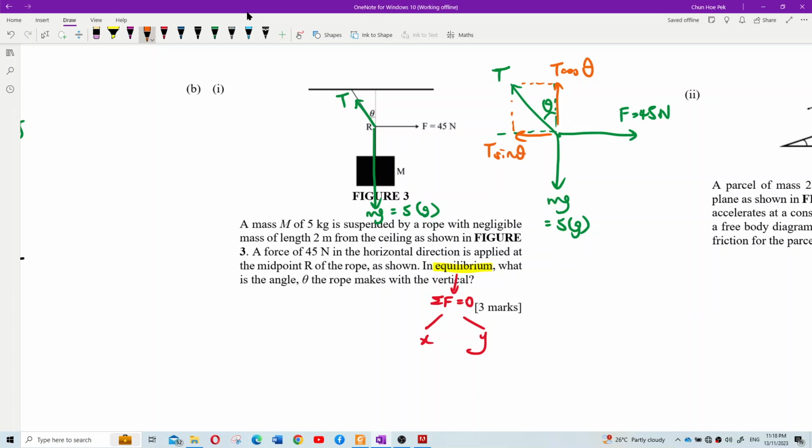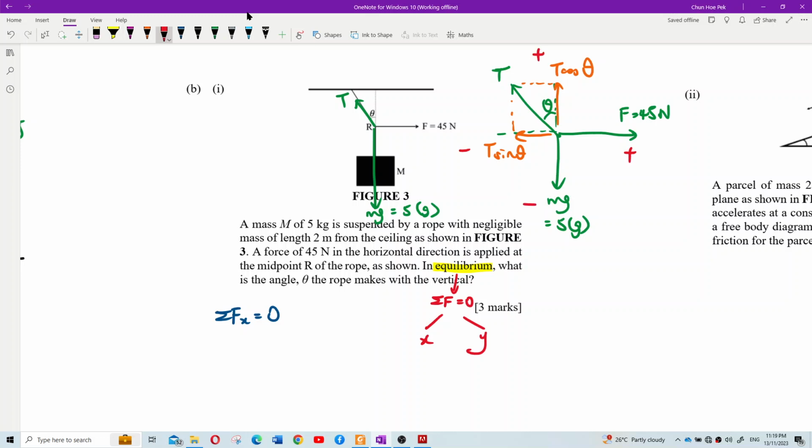Total Fx is equal to 0, because going right is positive, going left negative, going up positive, going down negative.